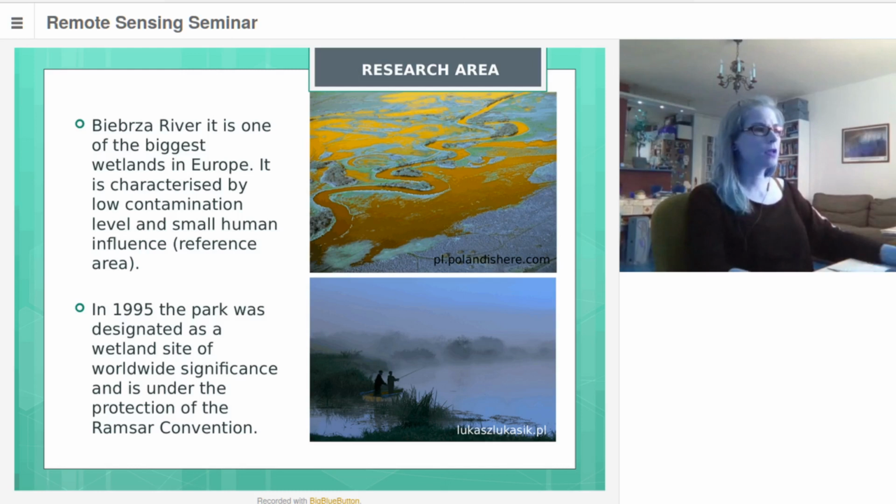It is very little contaminated. The water is clear. The river is naturally meandering, and this area is used as a reference site for much research, for example, for the Netherlands or other Western European countries. In 1995, the park was also designated as a wetland site under the protection of the Ramsar Convention.